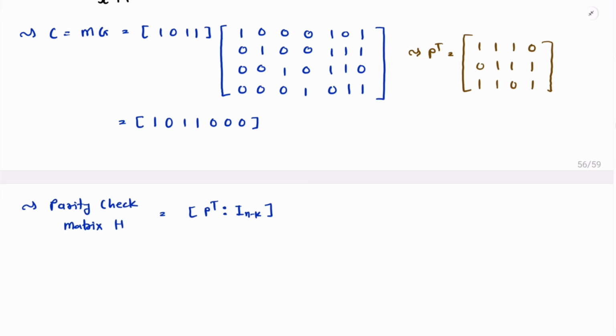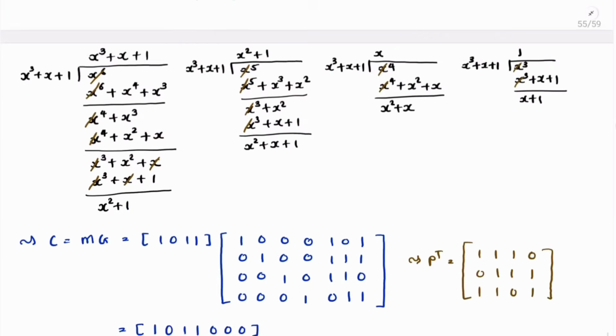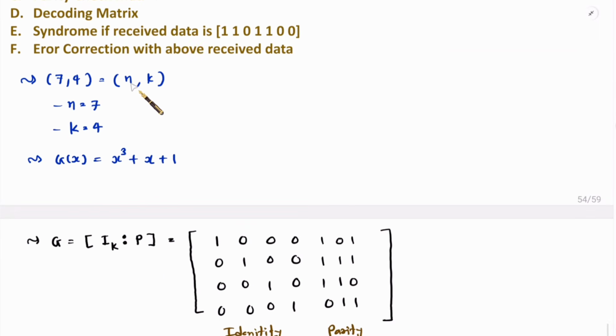So here, first of all, I'll write down P transpose, that is this. Now I need to write down this identity. See, this identity is n minus k. If you observe, here we have n comma k code. N is 7 and k is 4. So n minus k, that will be 3, right?